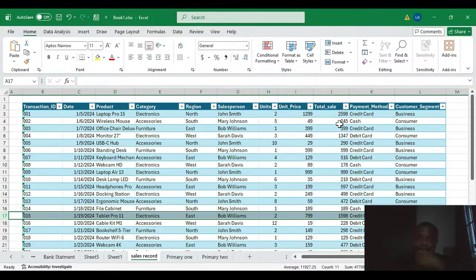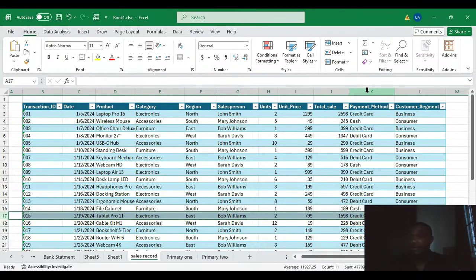I want to use a function to do that grading. So when the sales is higher than a particular amount, it should be tagged as high sales, and when it's below some particular amount, it should be tagged as low sales.